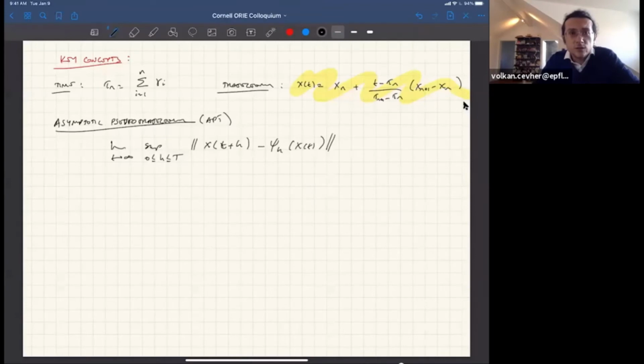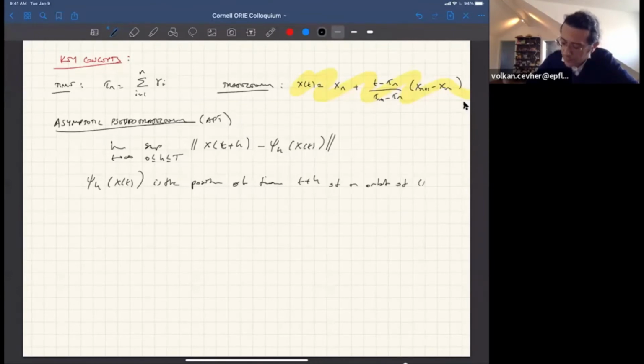So this psi h x t is the position at time t plus h of an orbit of the mean dynamics.